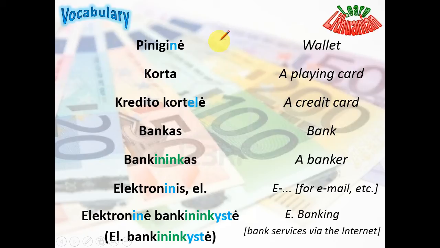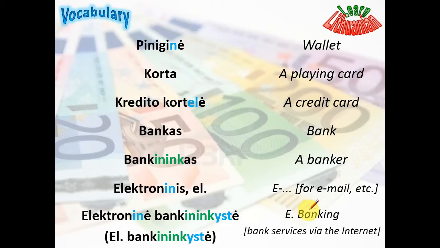So you probably have noticed that pinigas is somehow similar to Pfennig or something like this word in German. This is where this word comes from. Now, kredito kortelė is a credit card, bankininkas is related with the word bankininkystė, and elektroninė bankininkystė means e-banking.